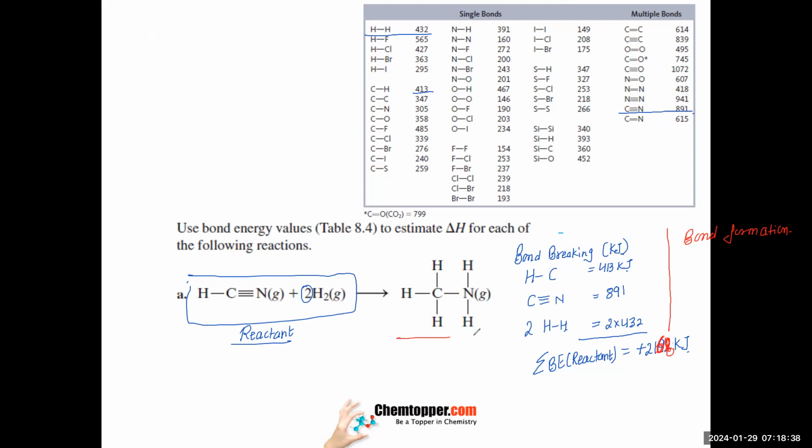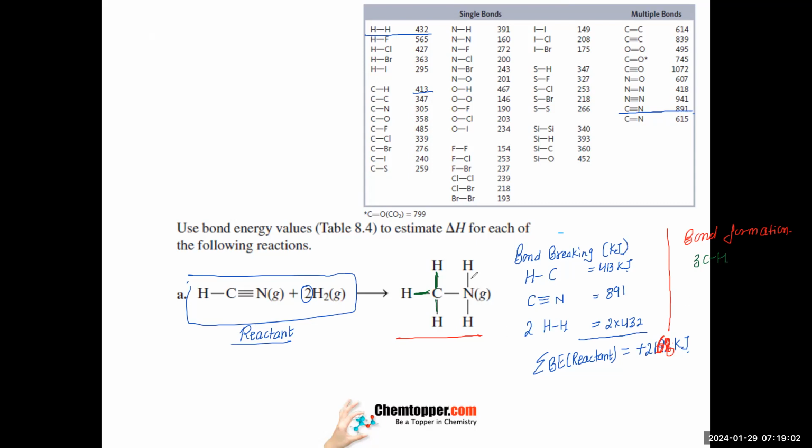So what are the bonds which are formed here? How many carbon hydrogen bonds? 1, 2, 3. 3 carbon hydrogen, right?